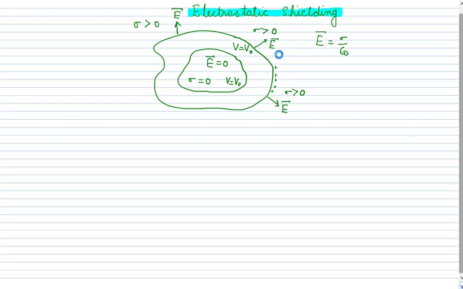There may be an electric field outside, there may be some continuous charge distribution, surface charge density, but if the cavity is inside the conductor, then being inside the conductor, electric field is always 0, charge density is always 0, and the electrostatic potential is always constant. So the field inside the cavity E is 0 and the electrostatic potential V is constant, and this property, that inside the cavity the electric field is 0, is known as electrostatic shielding.